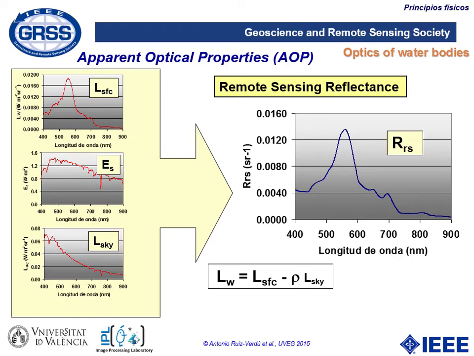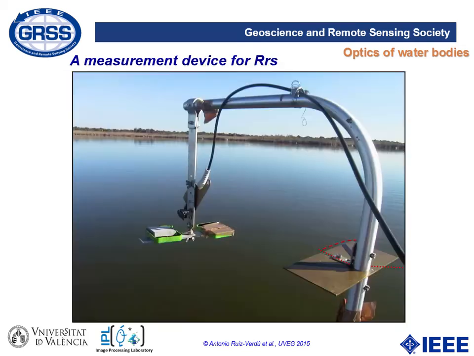This reflectance of the surface, in the case of waters that are not in windy conditions, is called the Fresnel reflectance. So at the end, the remote sensing reflectance is the ratio of the water leaving radiance after this correction and the sun irradiance.